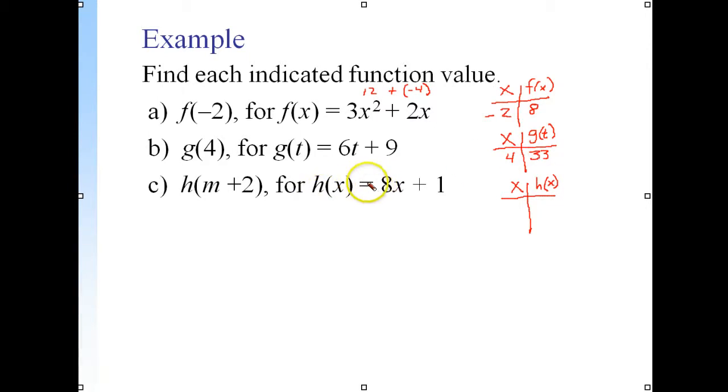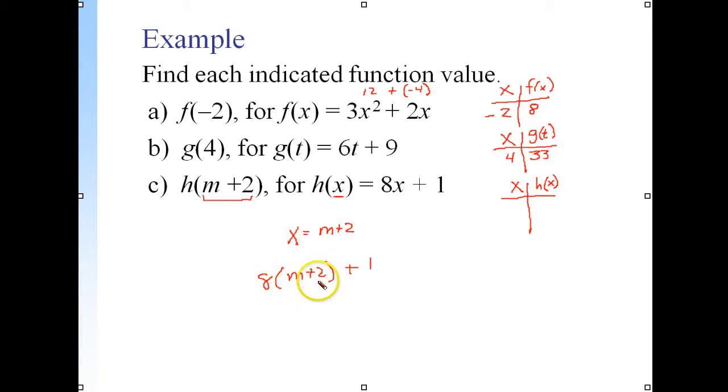All right, this one's a little tricky. So here is the function notation, but they're defining x in terms of m plus 2. That's the value. So here where we have 8, we say our x is m plus 2.